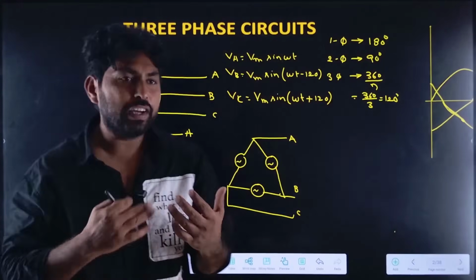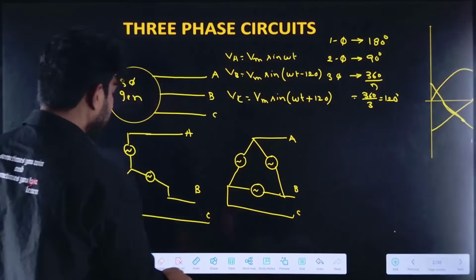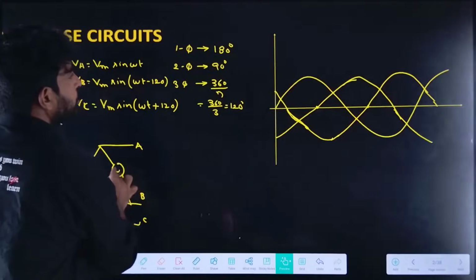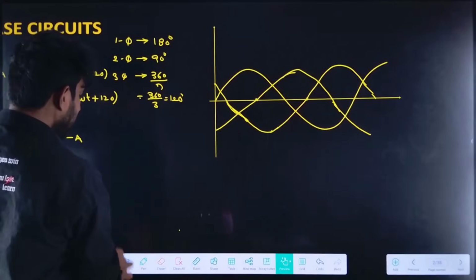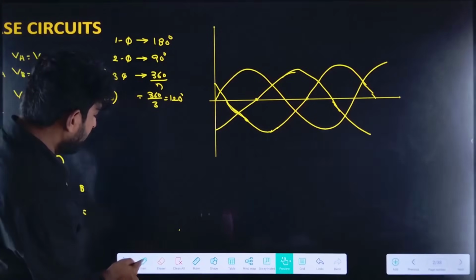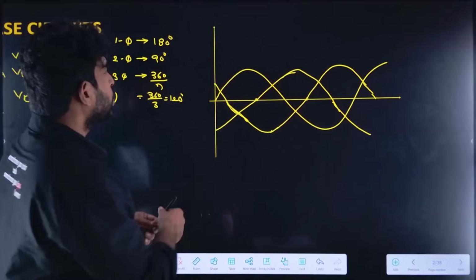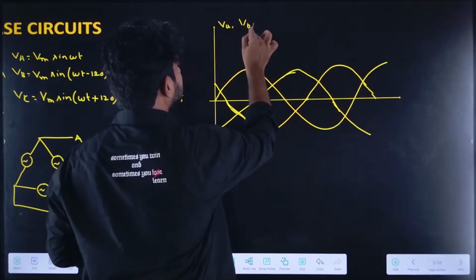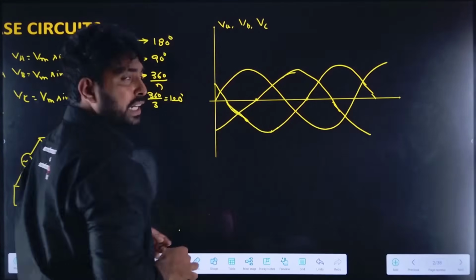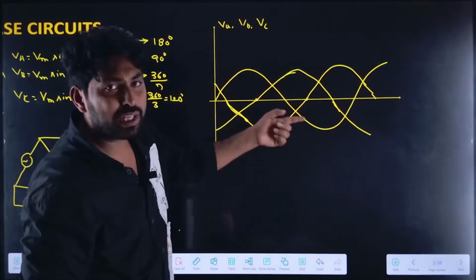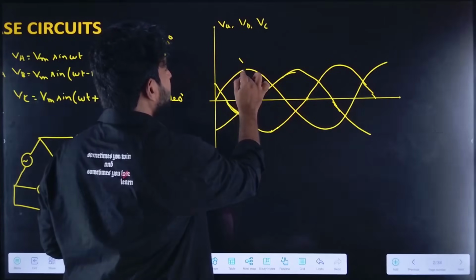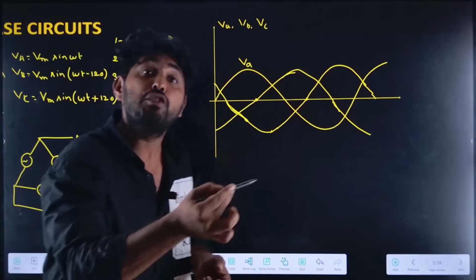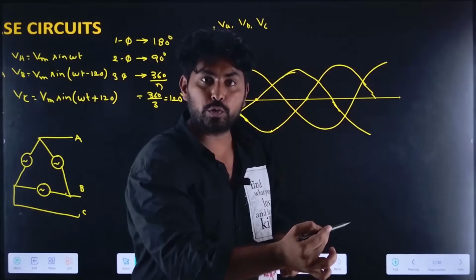If I draw the waveform for that, how would the waveform be? The waveform would be like this, right? If I draw VA, VB and VC, here VA is Vm sin omega t, which starts from 0, and VB is Vm sin(omega t minus 120).